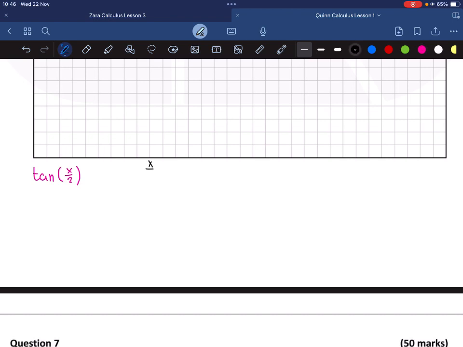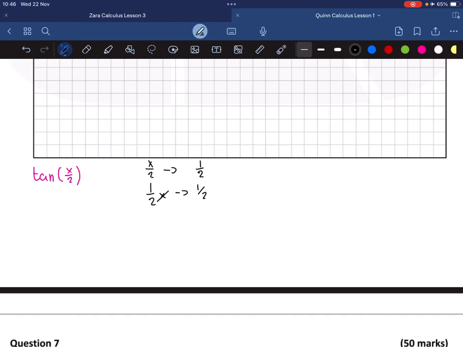Well, x over 2 just goes to a half. If you write x over 2 as a half times x, anything where you just have x with no powers, that x disappears, so it just goes to a half. And then the derivative of tan, well, that's sec squared.